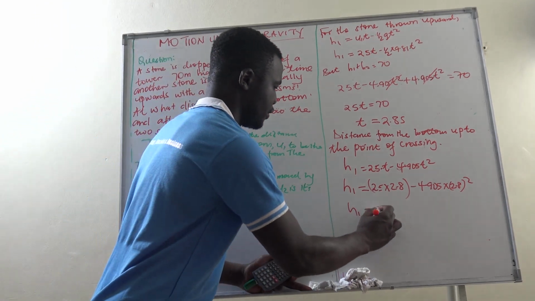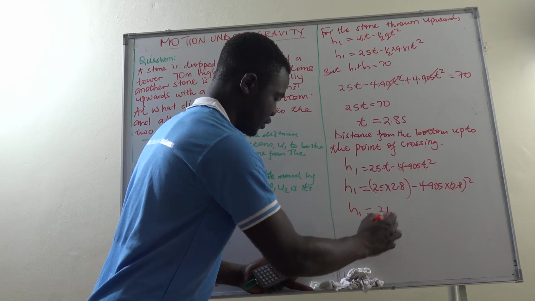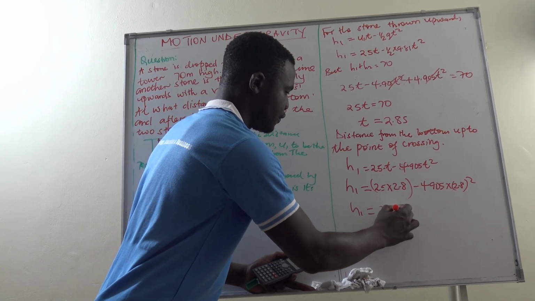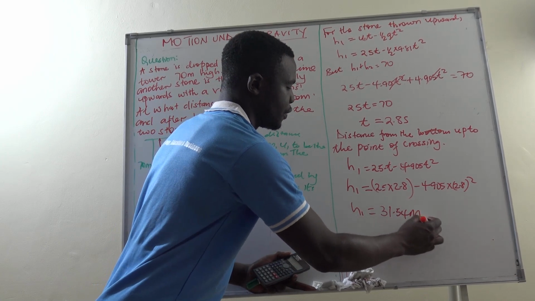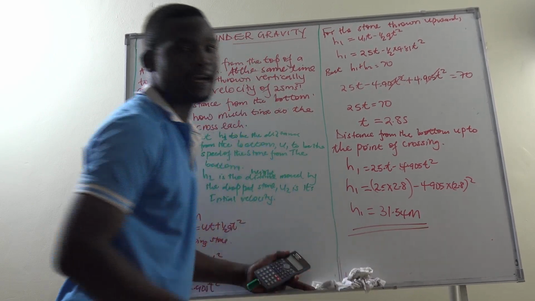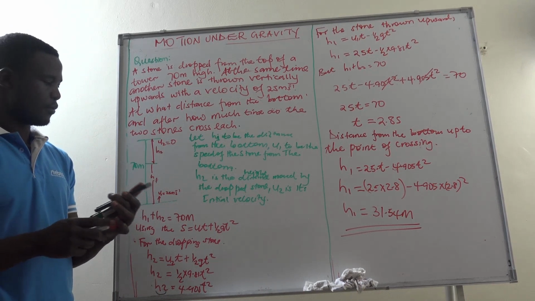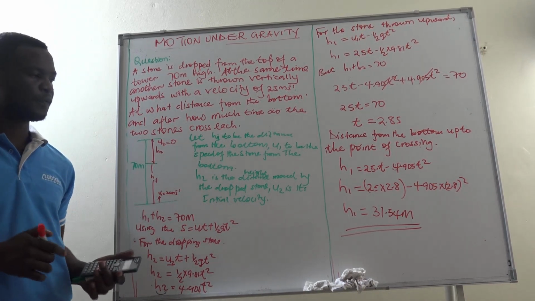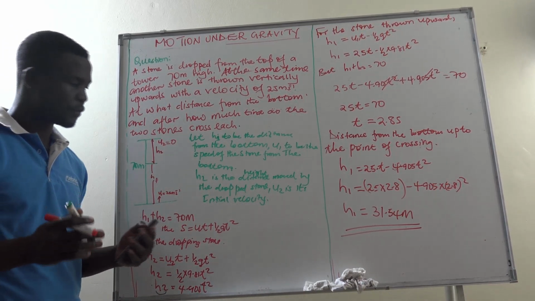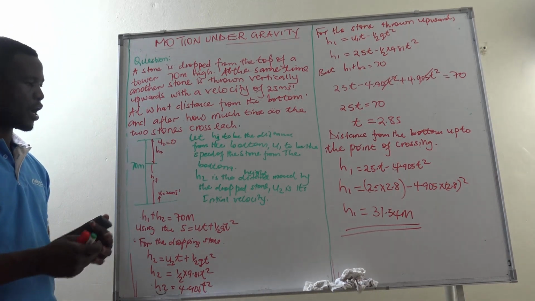So this height is 31.54 meters. This is the height above the ground where the two stones cross each other.